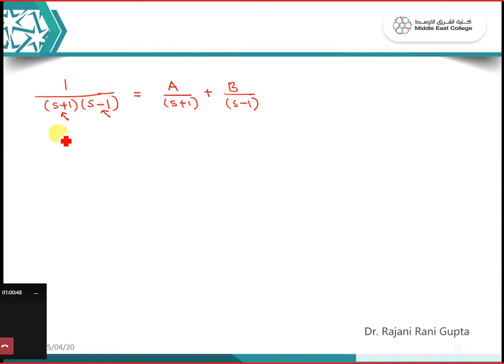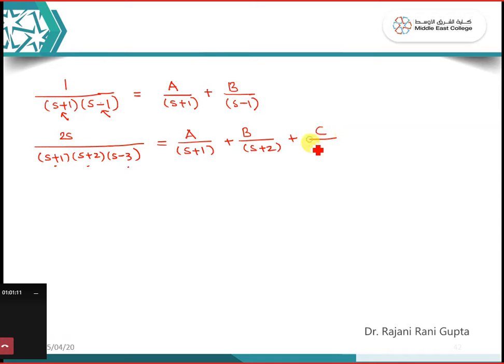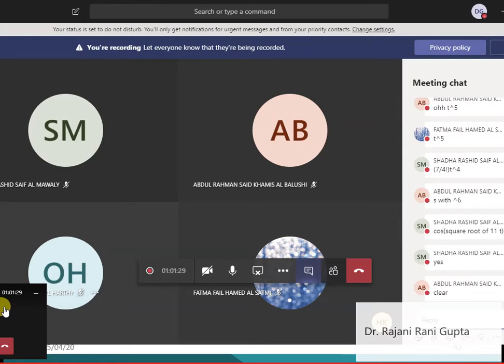Similarly, if you have three linear factors, say 2s over (s plus 1)(s plus 2)(s minus 3), you will have one term for each: A over s plus 1, B over s plus 2, plus C over s minus 3. By default we write plus in between, and A, B, C are constants, and we will see later how to find the values of those constants. So this is related to property 1. Is this clear?